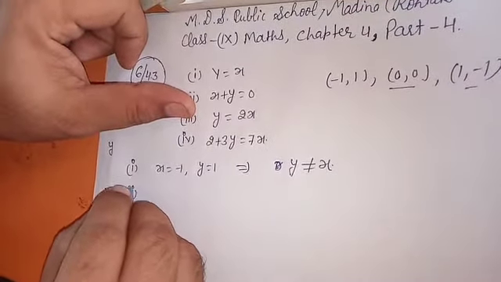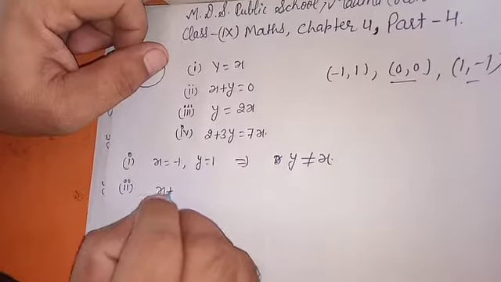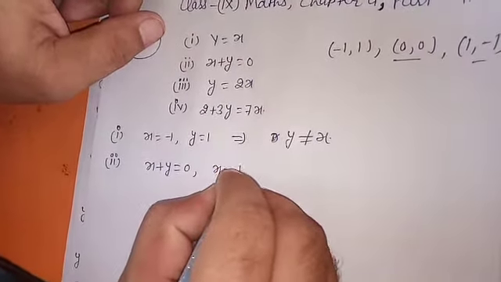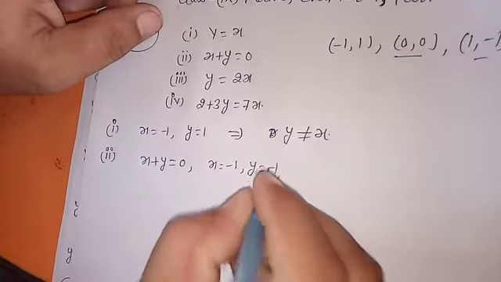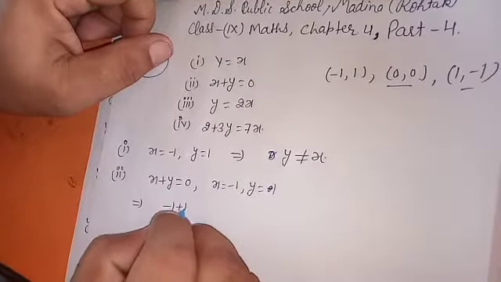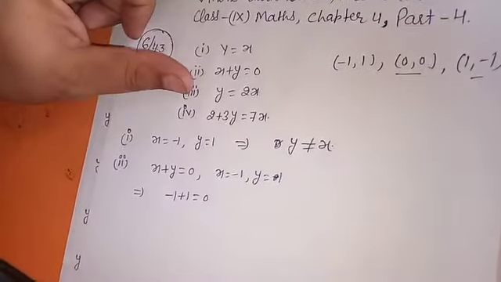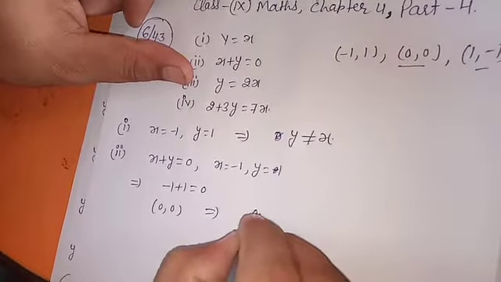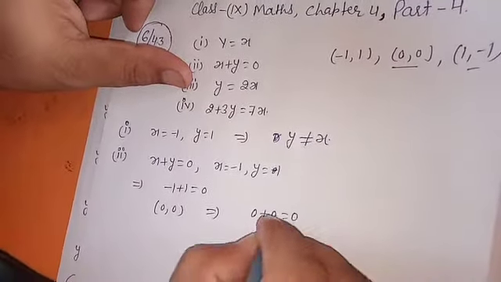Look one time, second part. x plus y equal to 0. So x is equal to -1 and y equal to 1. Check it. -1 plus 1 is equal to 0. Satisfying. Second one, 0 0. This implies 0 plus 0 equal to 0. x is 0, y is 0.